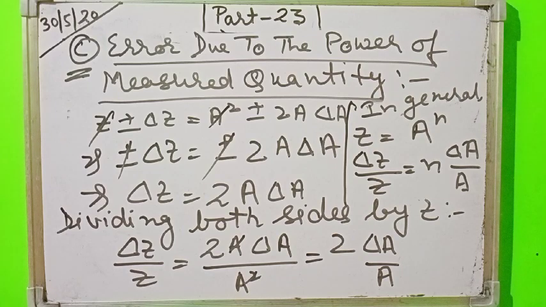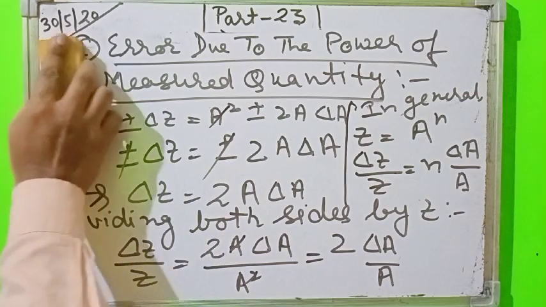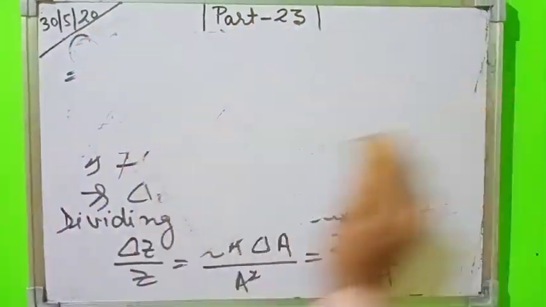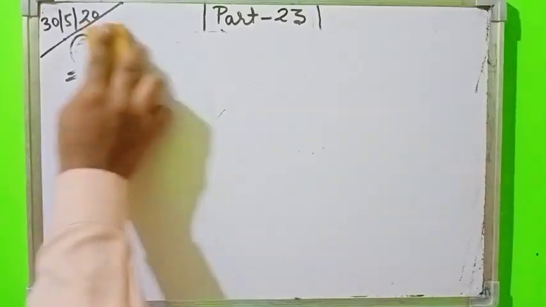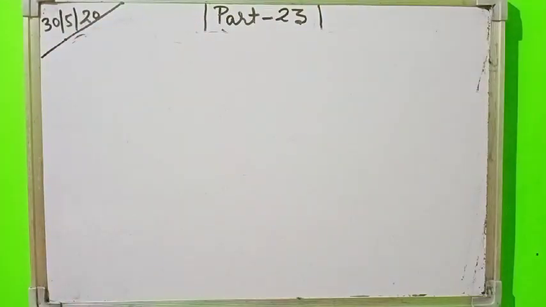Clear? This is the propagation of error in case of power in the measured quantity.